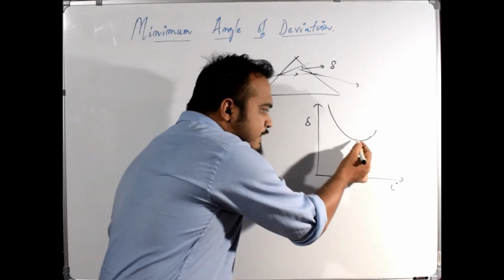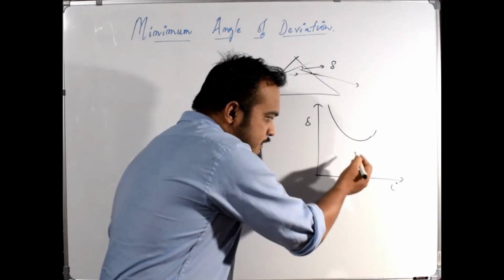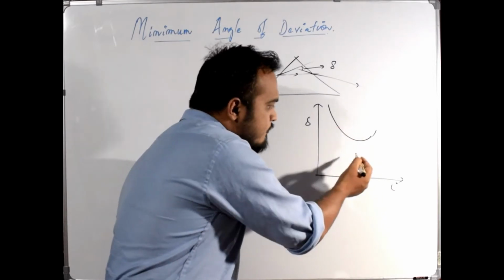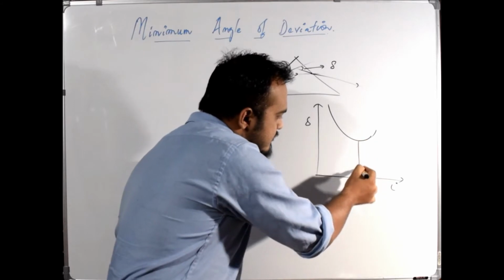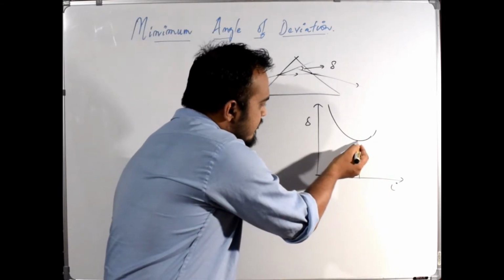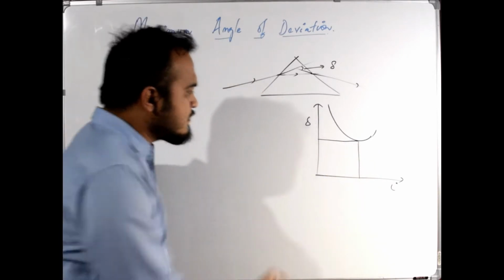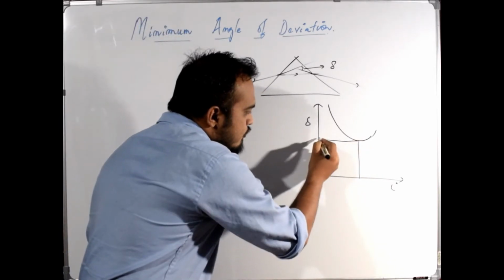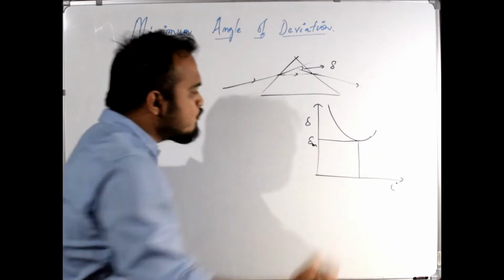So from this diagram we can say this is the minimum value of delta, and we call it delta m.